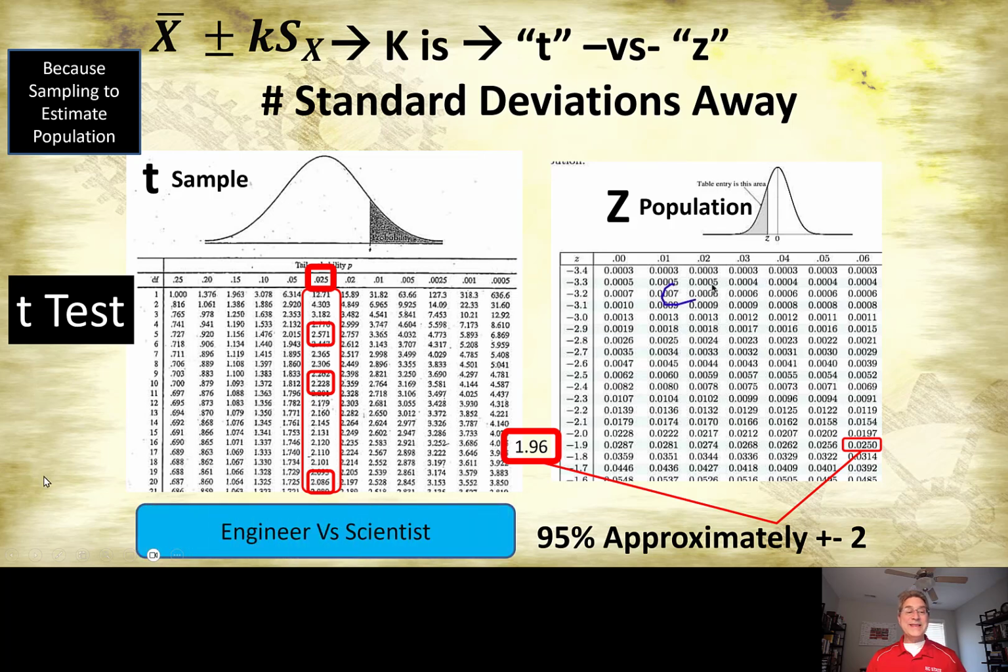But I just want you to see that's where it's coming from. And I said this earlier, that's the difference between the engineer and the scientist. I'm perfectly fine when I'm trying to decide this to multiply by 2 and know that I'm in the ballpark enough to tell what I need when I'm putting confidence intervals on individual things. The t-test we're doing is going to do this exactly in Excel.